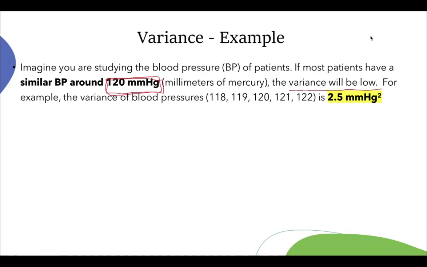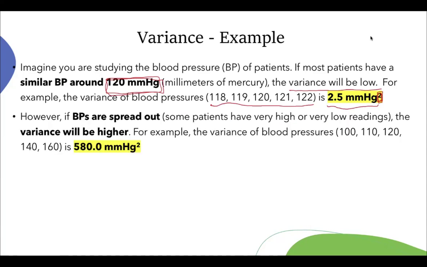Our variance will be low. For example, I'm going to show you on our calculator that if we were to calculate the variance for these 5 numbers, we would get a variance of 2.5, and it's in square units. One thing to remember about the variance is that it is in square units.